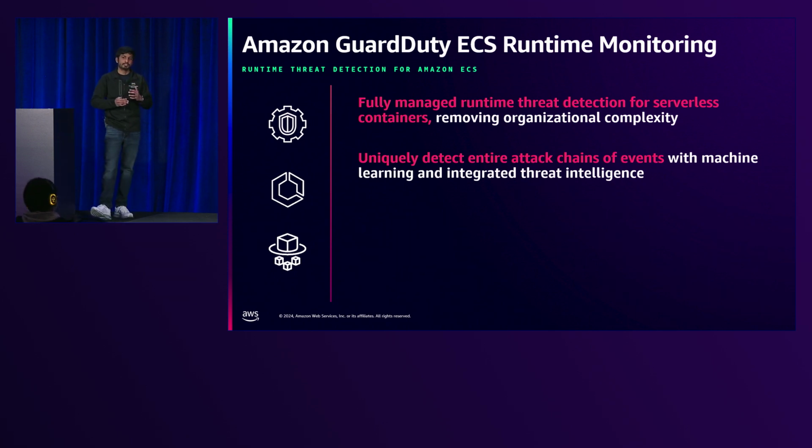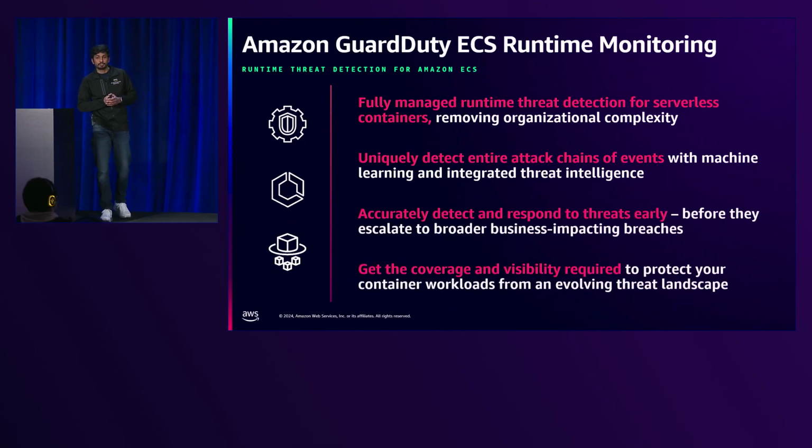Moreover, GuardDuty detects and responds to threats early, well before they have the chance to escalate into broader systems. This will help in keeping the system secure and prioritize security threats.